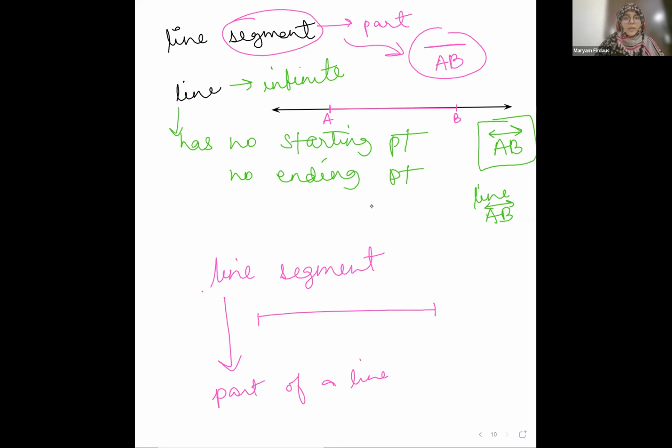So let's say you have a triangle. Can you see this triangle, Hiba? Yes. This triangle, now I will ask you a question. You have two options.